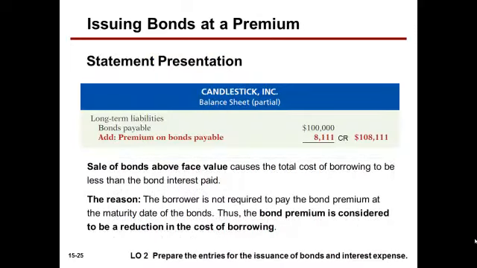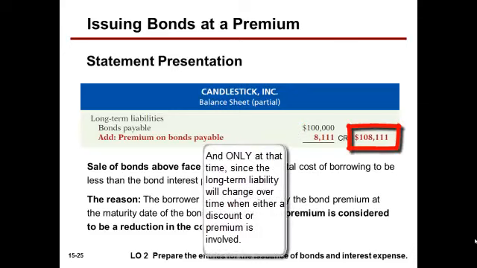Now, looking at the balance sheet presentation of this transaction after its recording, we see the bonds payable at face amount, credit of $100,000. The premium on bonds payable is also a credit balance account, total of $108,111. Again, right after the issuance of the bonds, the long-term debt related to that will equal exactly the proceeds from the sale of the bonds.